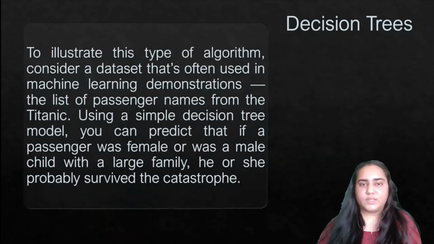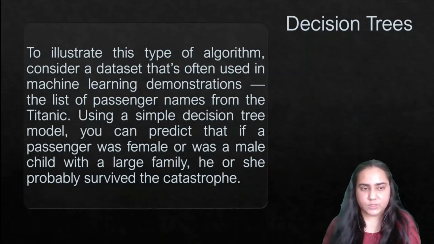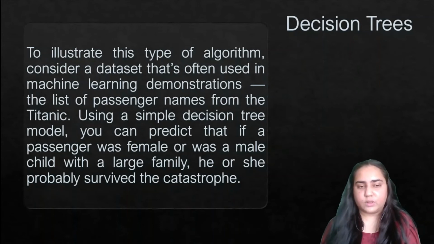Now, to illustrate this type of algorithm, consider that you have a data set which is often used in machine learning demonstrations, which is a list of passenger names from the Titanic. Using a simple decision tree model, you can predict if a person was a female or a male child with a large family, and whether or not he or she survived the catastrophe.